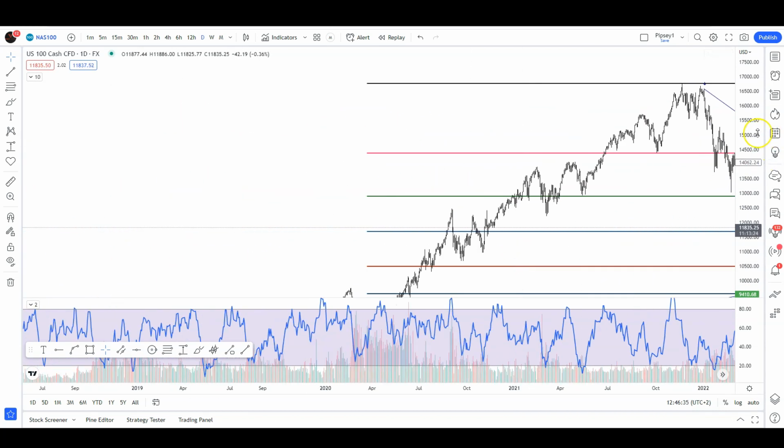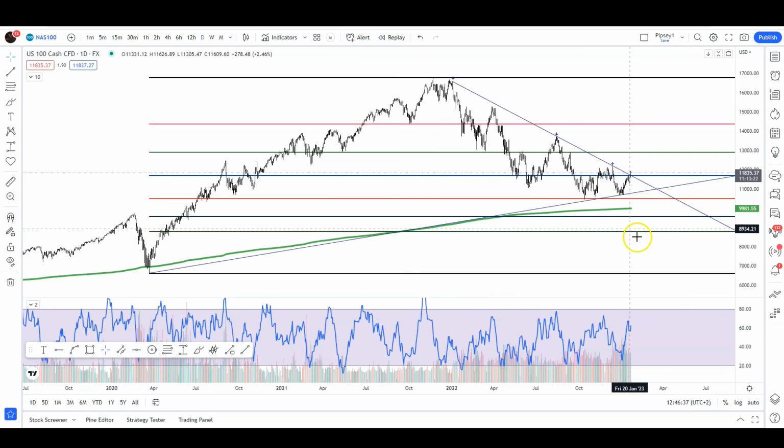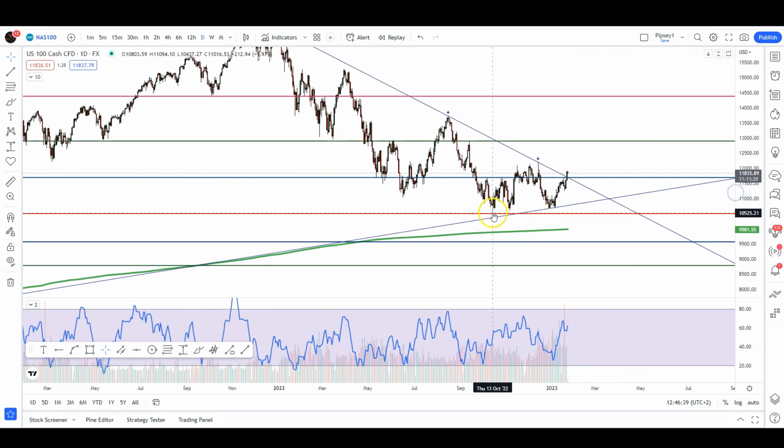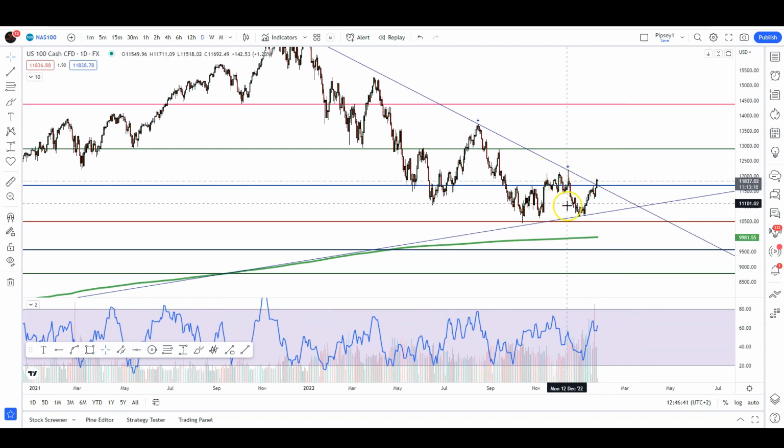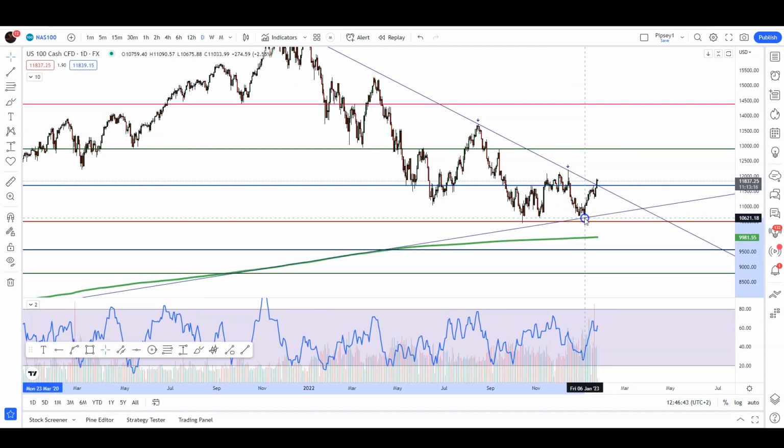We have this Fibonacci area, right? We tapped the 61.8 and bounced off of there. Didn't come quite close the second time as I expected it to.